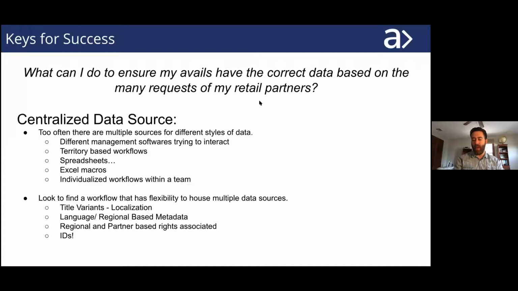Obviously, I know this is only one part of Avails, but you have language and regional based metadata. How do we store all that together? How can it talk to each other so we have a system or build an idea that knows, great, this is a French Avail. Let's pull in the French language ID automatically, right? Regional and partner-based rights associated.